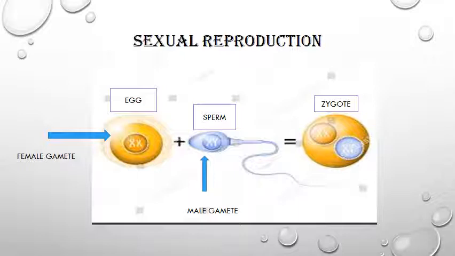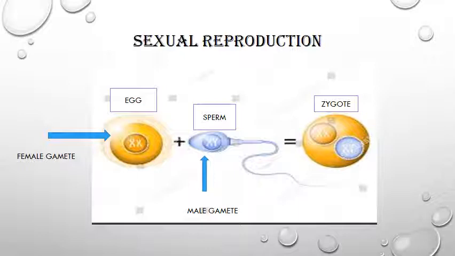In sexual reproduction, both male parent and female parent are involved. Again I'll repeat: in sexual reproduction, both male parent and female parent are involved. In asexual reproduction, we have learned that young ones are produced by only a single parent.